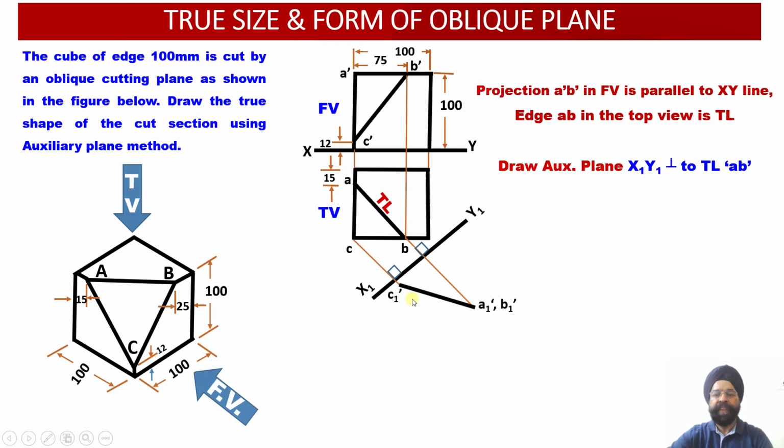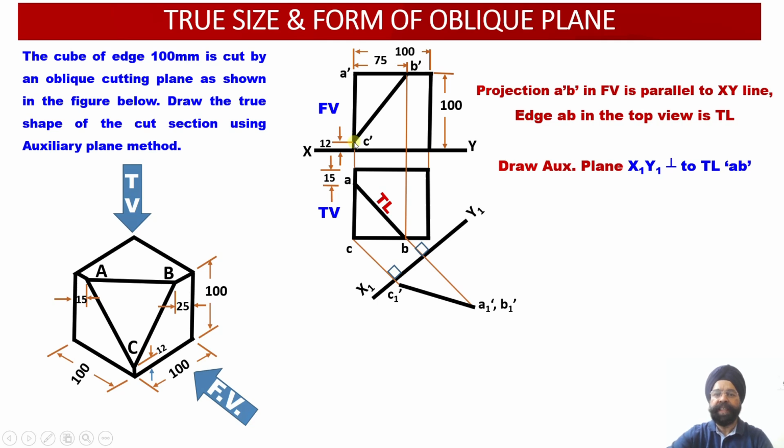Please see, if I draw the projections over here, I can draw one projector line through C, and another projector line through A and B. Now let me mark the distance of C. Since this is the auxiliary elevation which I have to draw, the distances of the elevation from the XY reference plane I need to work out.